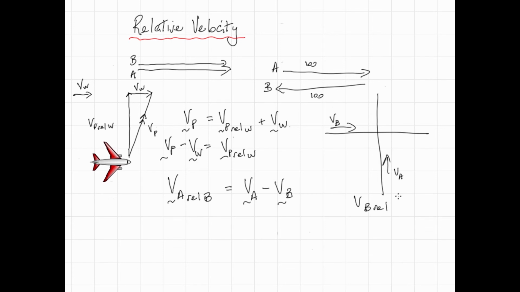So the velocity of B relative to A would be equal to the velocity of B minus the velocity of A, and so you can work that out. We're not going to do that one now, but we'll do one with a ship or a boat, if you like.